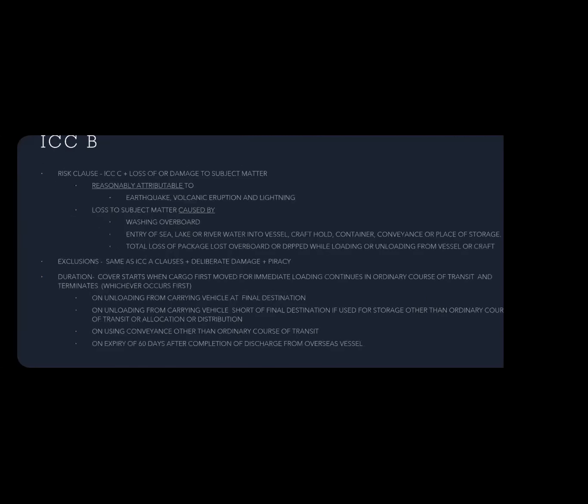The answer will be it is not covered, because unloading only from craft or vessel. Total loss of package from craft or vessel only is covered under ICCB.